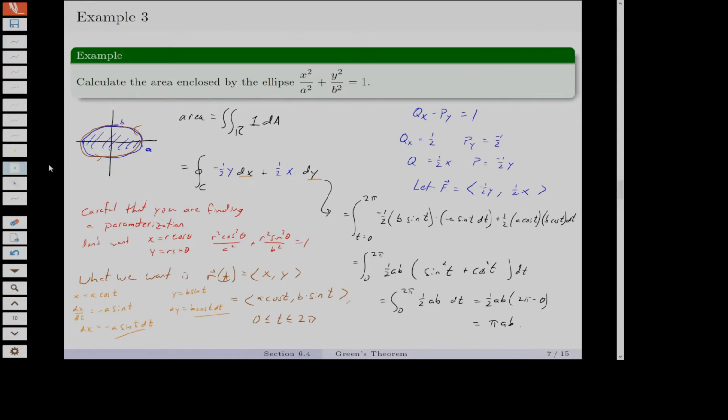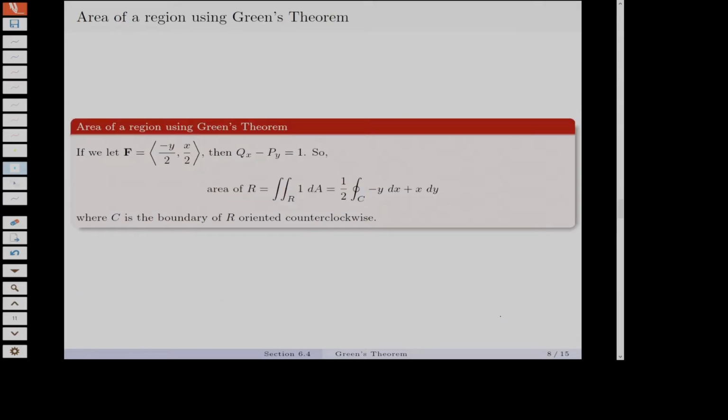Okay, that's our integral. Okay. That means that we can now think of this as like a formula, right? I could always just find the area of a region by using a line integral now. Okay, so we can find area of a region using a regular integral.